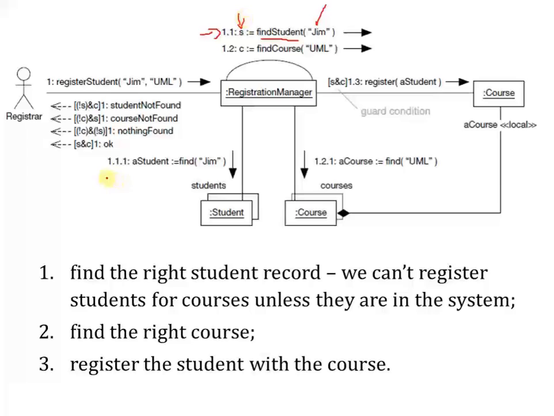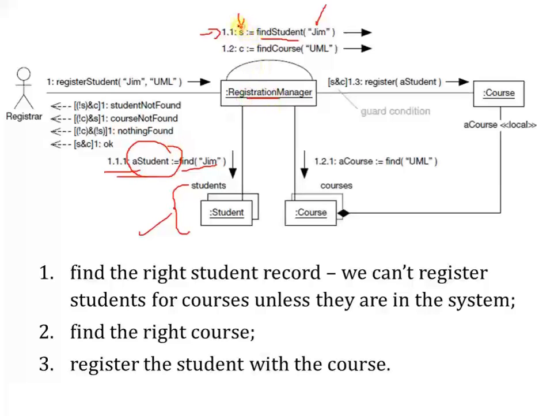The next function is called 1.1.1, which gets executed and finds whether there is a person called Jim from a set of objects, that is, an array of objects called students. Once that is done, if the particular student has been found, then a student is going to hold the details of the student, which is returned back to the registration manager.